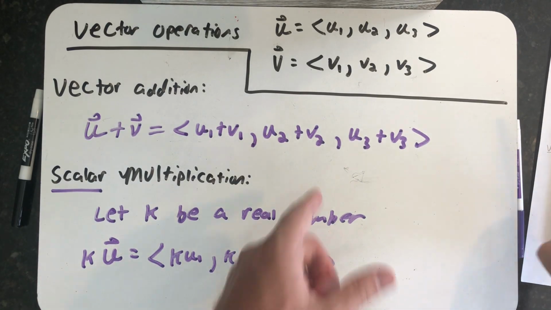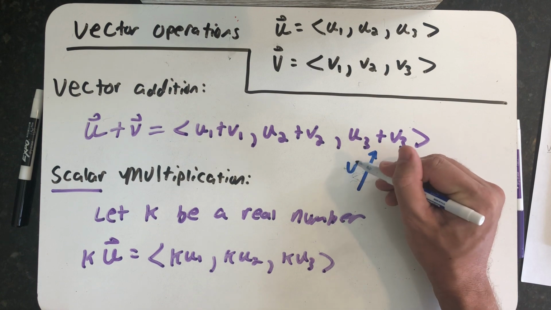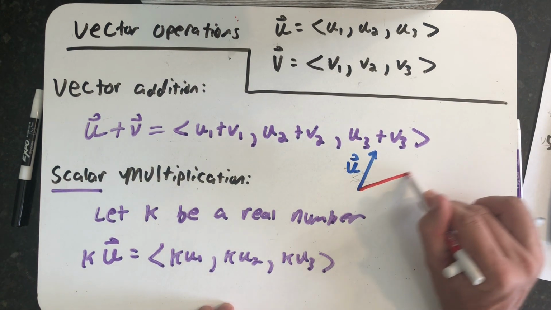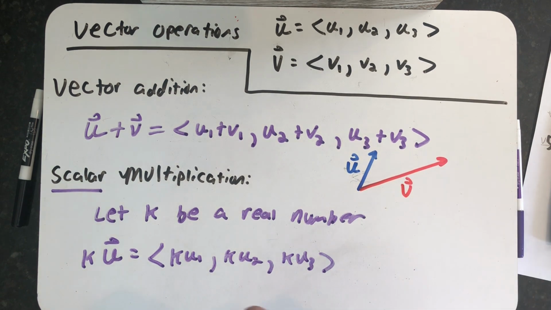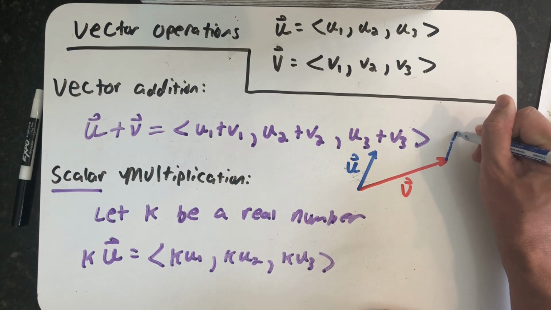So I want to sketch in the parallelogram law here, just imagining any two vectors. So I had a vector u and some other vector v, and this time I'll draw v to be the longer vector just for the heck of it. I can sketch in the vector u plus v by drawing a copy of u, just a vector parallel and the same length as that vector u.